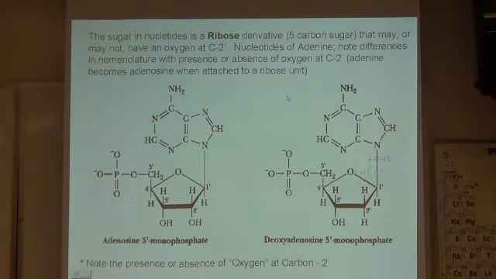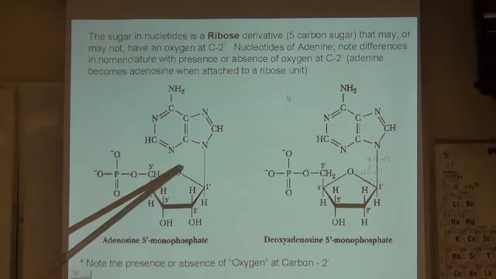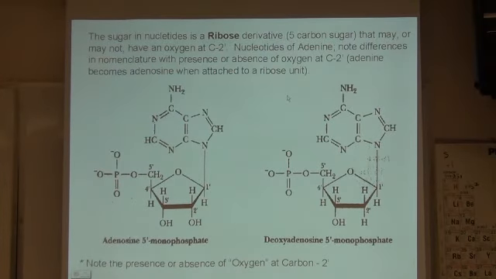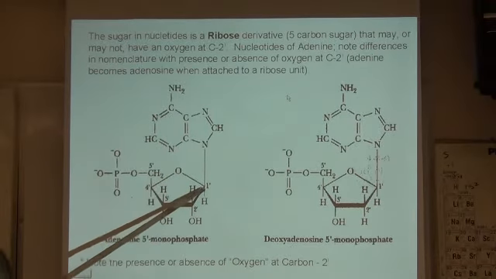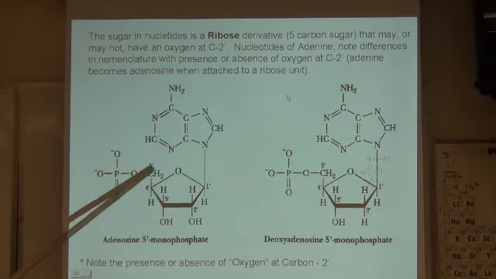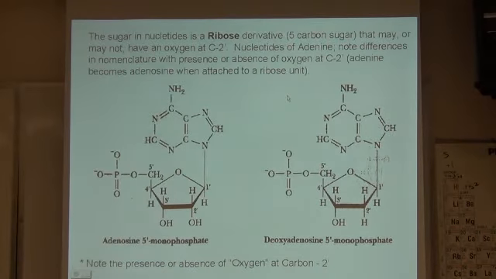This is an actual nucleotide. Here's our nitrogenous base. Our nitrogenous base is connected to a ribose. Now, a ribose is a 5-carbon sugar. Notice here, oxygen, one to the right, the anomeric carbon. Carbon number 1, 2, 3, 4, 5. We put these little primes on here to differentiate the numbering system from other numbering systems that might be used to number other things in other areas of the molecule.